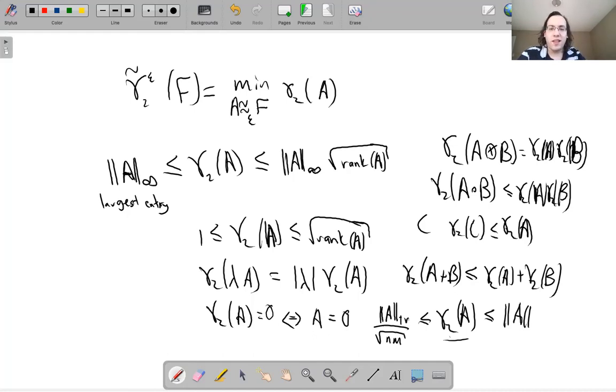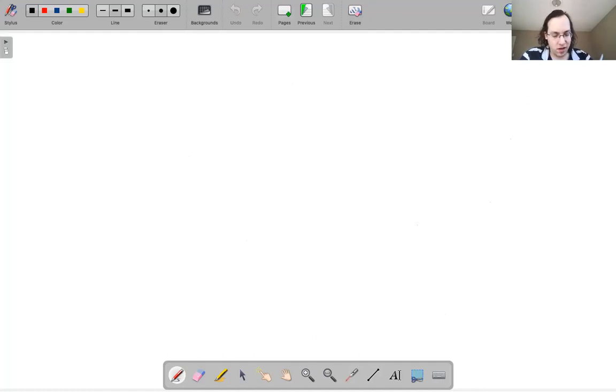So how do you actually define this thing, though? It has all of these convenient properties, but how do you define it? There are actually two definitions that are non-trivially equivalent.